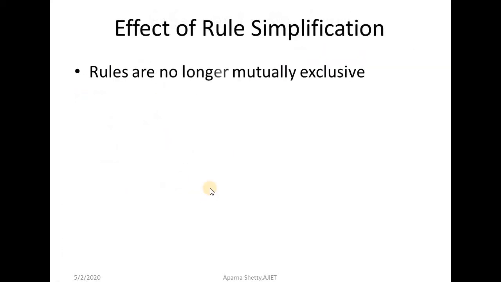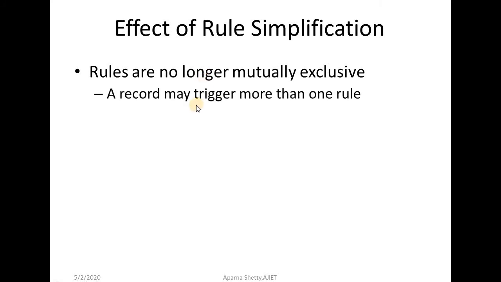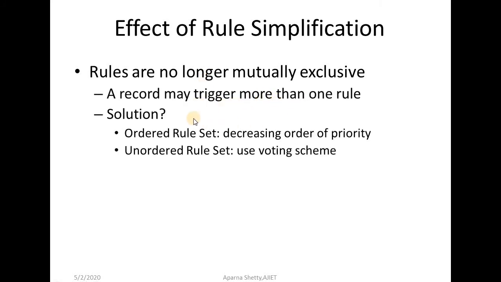Now, the effect of rule simplification. If you simplify the rules, then the rules are no longer mutually exclusive. A record may trigger more than one rule. The solution to this is an ordered rule set, arranging the rules according to decreasing order of priority.